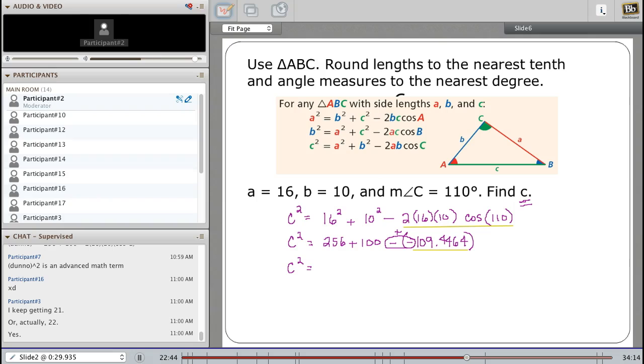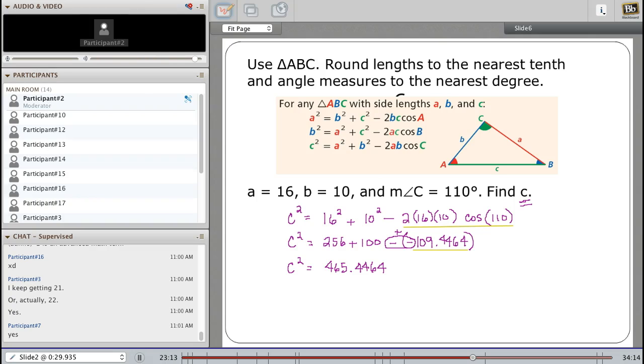So what I'm going to do at this point is take 256, put that in my calculator, add 100 to it, and add 109.4464 to that. Okay, and I end up with 465.4464. Now I need C. Right now I have C squared.